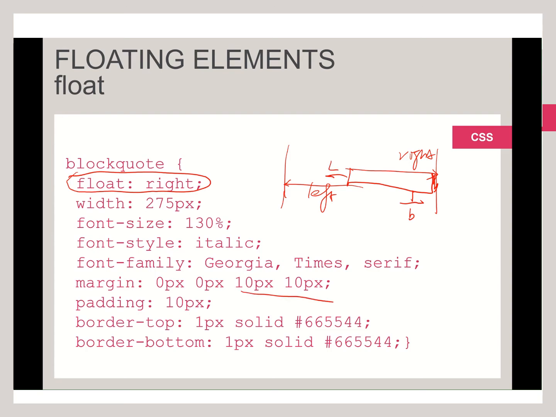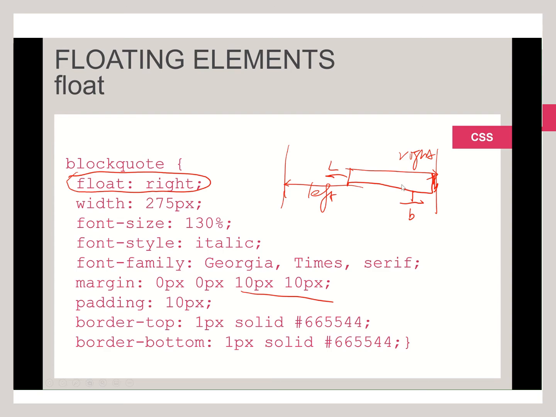And then padding is 10 pixels. Beside this margin, margin is the distance between the boxes. We want to separate the blockquote from other paragraph contents. We allow the margin here, but we also want to show the quoted contents not too close to the containing box.